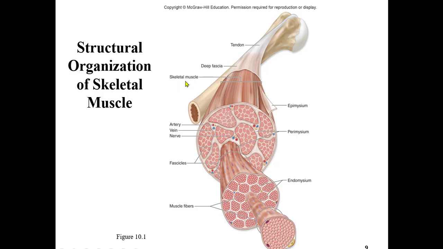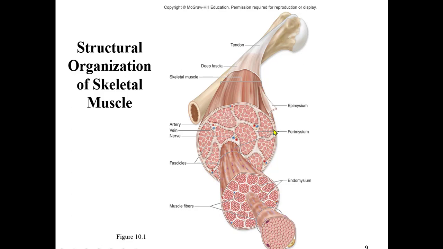The entire skeletal muscle is covered by what's called epimysium. Then the skeletal muscle itself has a tube.